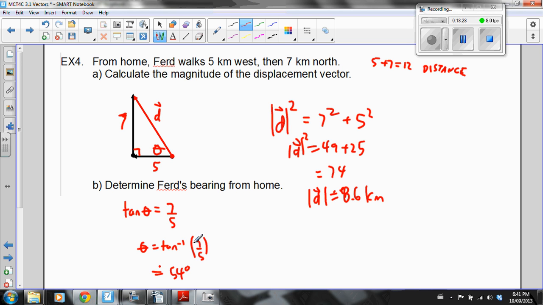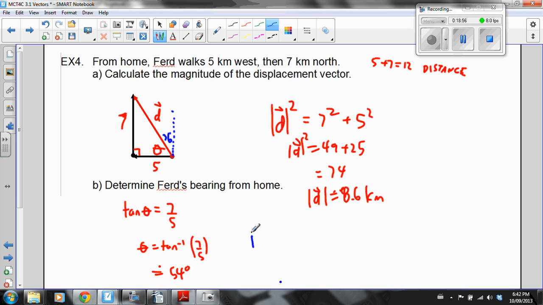So there's a number of ways to describe that direction, but the way I would think of it perhaps is if this is north, north is here. If this is 54 degrees, how much is this? This is to add up to 90, right? 90, so that would be 36 degrees.